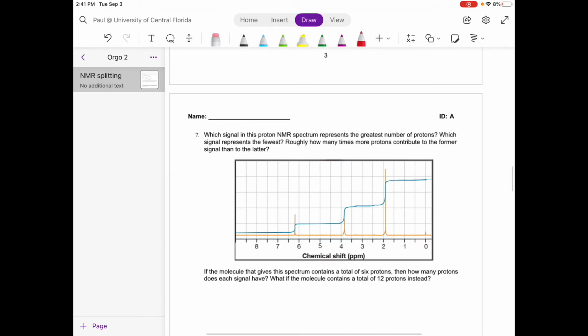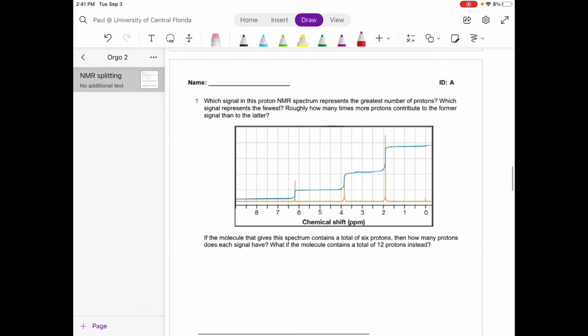Okay, so we worked on this problem in class. Recall that all we did was take a measuring tape or a ruler and measure from that plateau to that plateau. That distance was 0.5 millimeters, from there to there was 1 millimeter, and from there to there was 1.5.